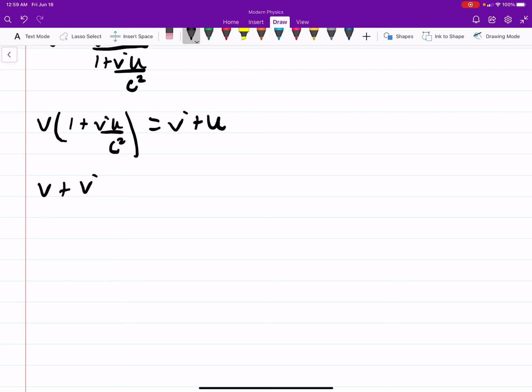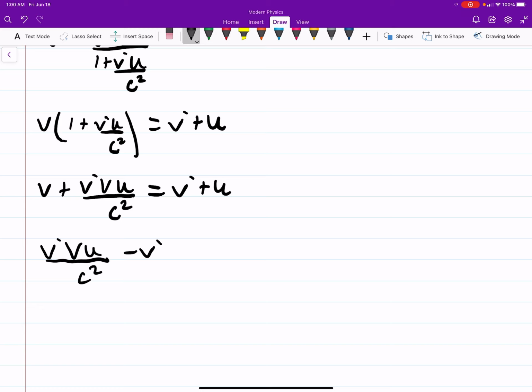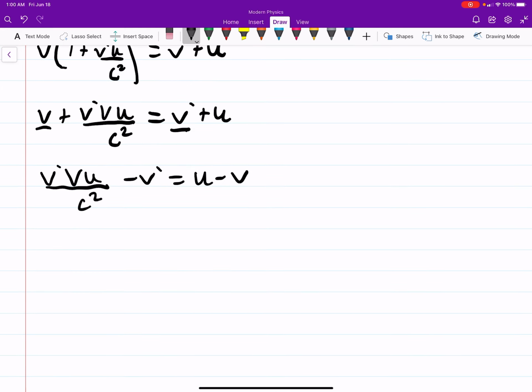You can distribute. I'll go ahead and work through the algebra in case that is a problem. Again, we're looking for v prime. So I am going to subtract over this v prime, and subtract over this v, just to get v prime on one side.